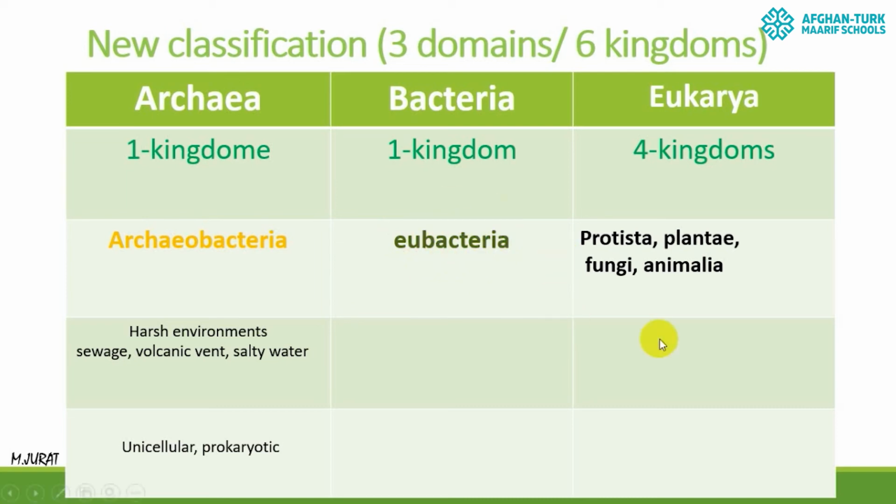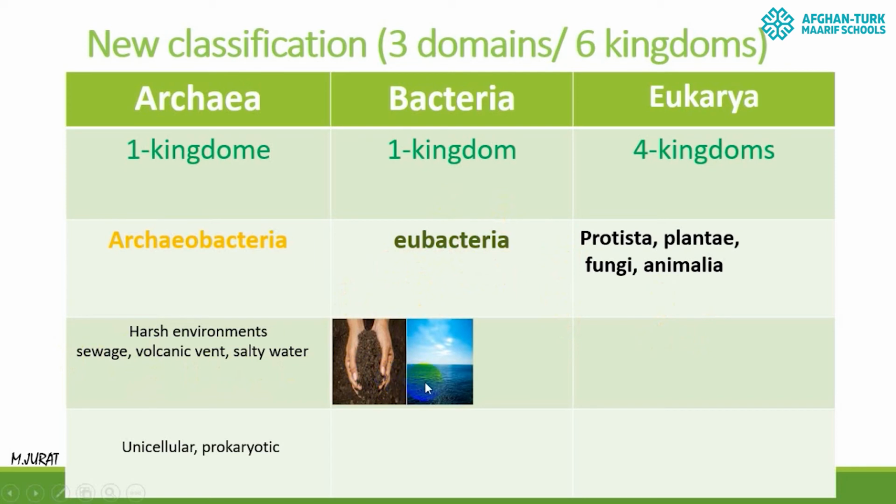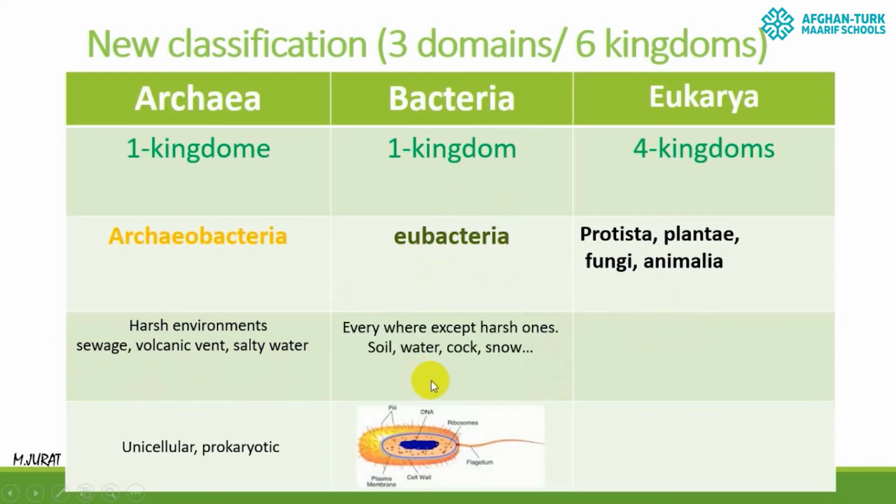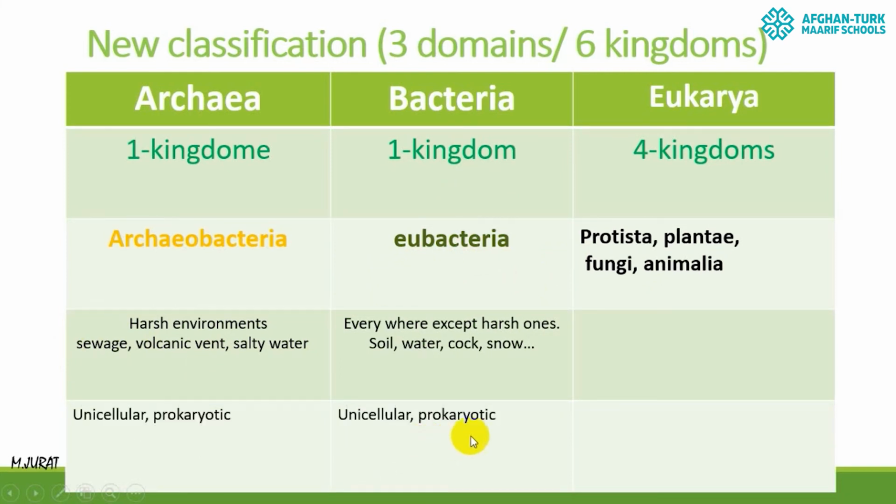I mean, in every place except harsh places, we can find bacteria. For example, in soil, inside water, on rocks, and inside Arctic snows, we can find Eubacteria. Their cell type is prokaryotic and they're also unicellular.